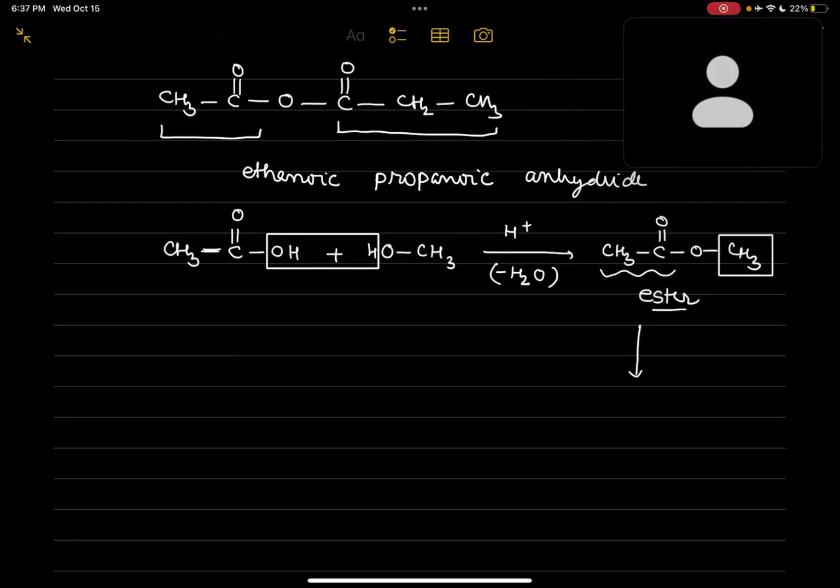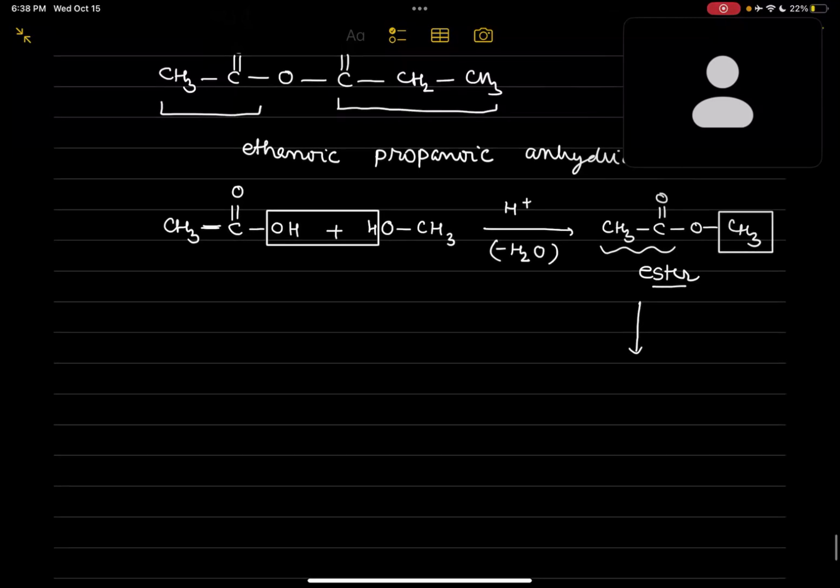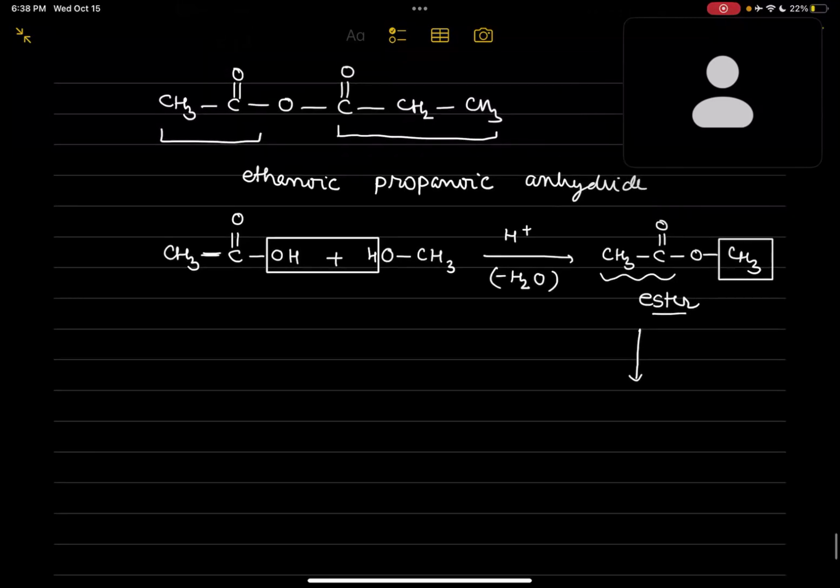Top or eighth? Eighth. Longest continuous carbon chain. Eighth. Is it continuous? No, it's not continuous. Okay, how many carbons are continuously there? Two. Two only. So eighth. Exactly.